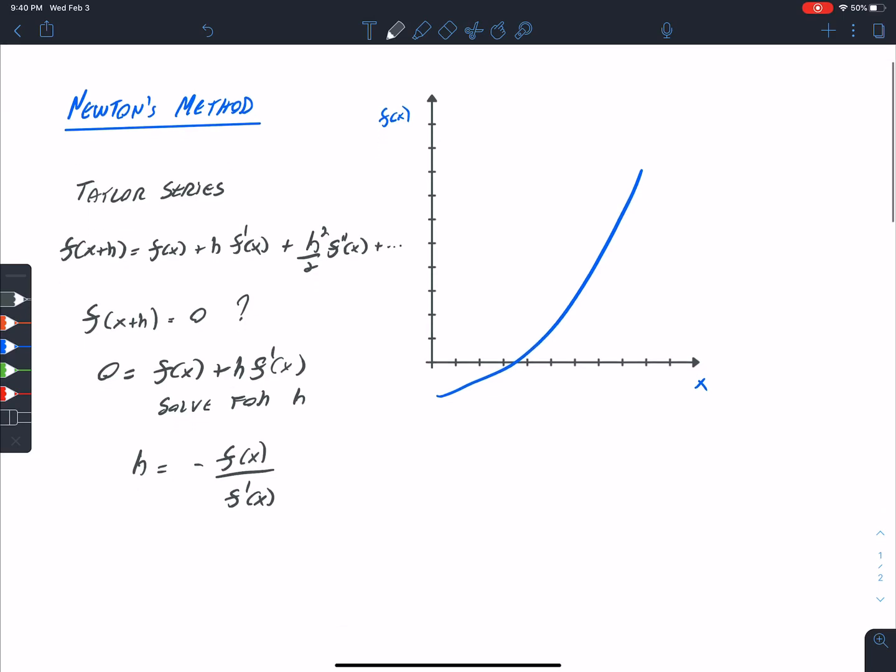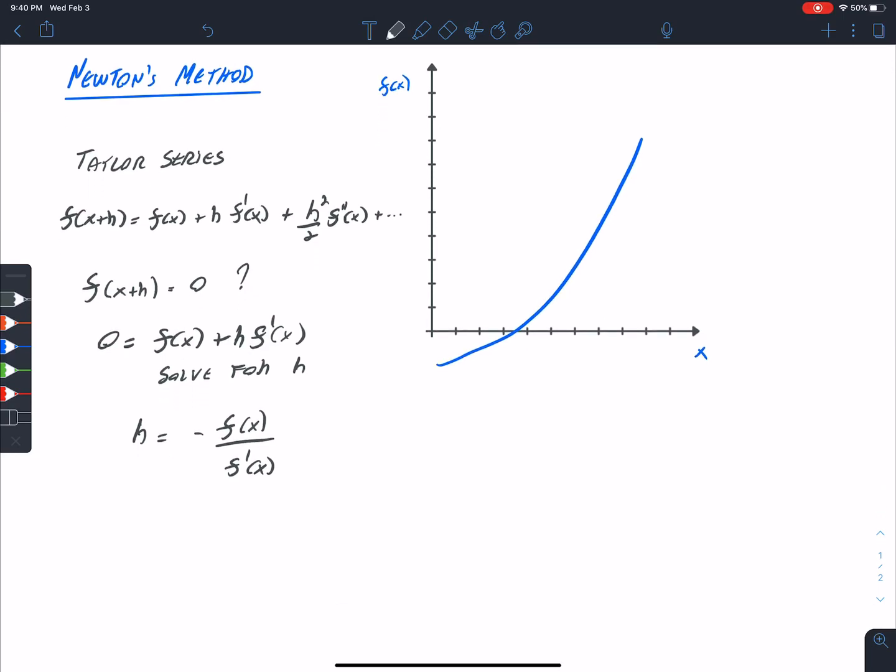Now we make a few substitutions, and we're going to imagine that we have an iterative procedure where we start with some value of x. We call this x1, and this will represent our initial guess.